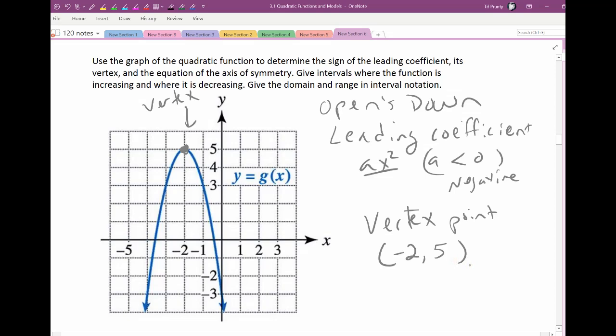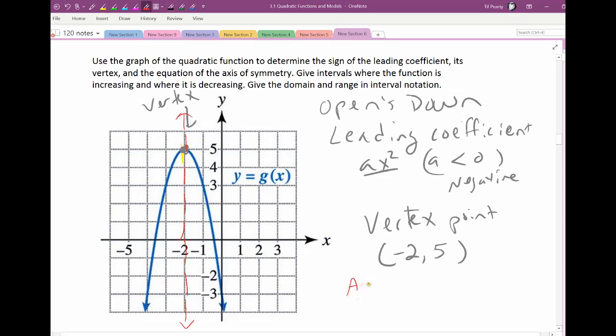The axis of symmetry goes through the vertex. I'll do a dotted line instead of a highlighted one. So the axis of symmetry is this dotted red line.